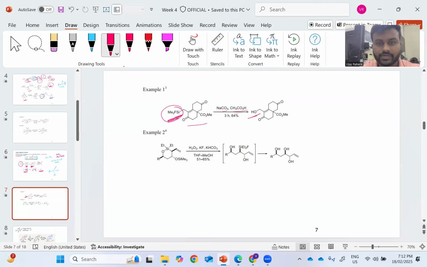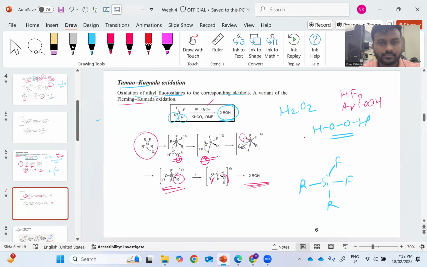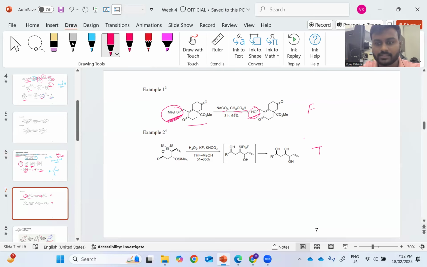So this entire group is converted into the OH group. Further, another example: this is the Fleming, right? And this is the Tamao-Kumada oxidation, right?